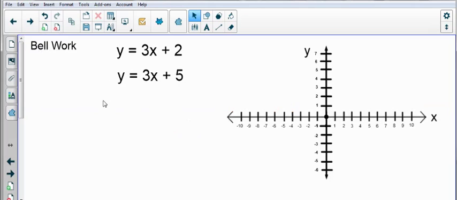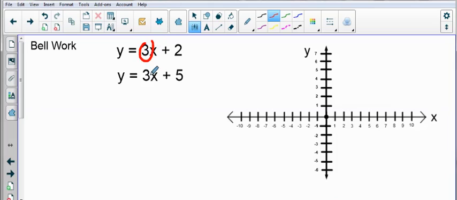So let's look at an example. This is from a Bell work that you had: y equals 3x plus 2, y equals 3x plus 5. The first thing that I can see is that they have the same slope. So I know that there's no solution because they're never going to touch. If I were to graph these, this crosses at 2. It goes up 3, right 1.